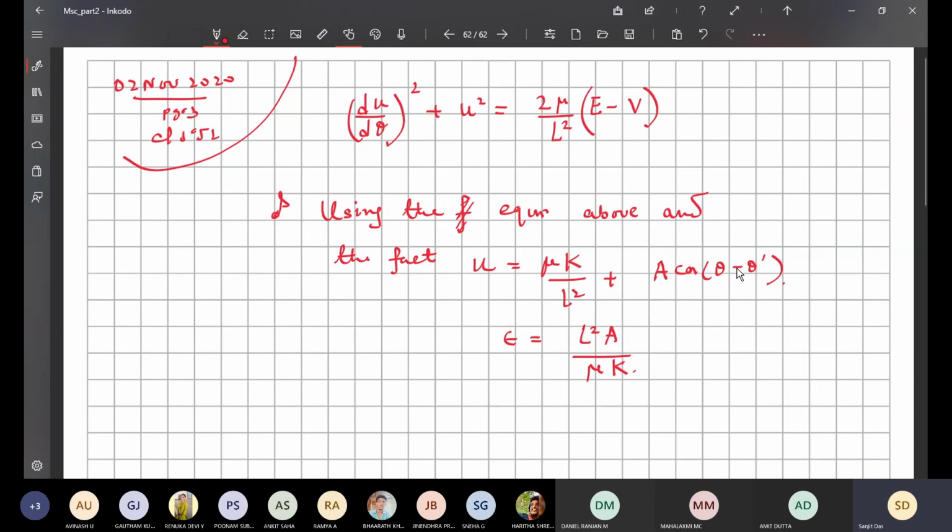Do it as homework. Use the fact to show epsilon is some function of total energy. So this is the homework, a simple thing, nothing extra. Yes, tell me.